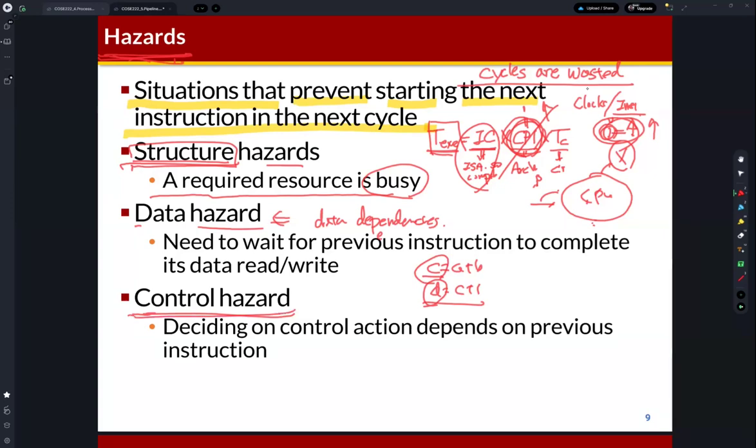Then the control hazard. A control hazard represents that clock cycles are wasted because of control instructions. What are control instructions? Branch, jump, and exceptions, which we have not learned yet.